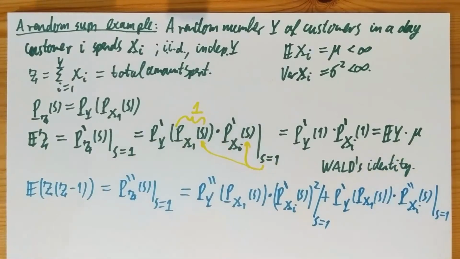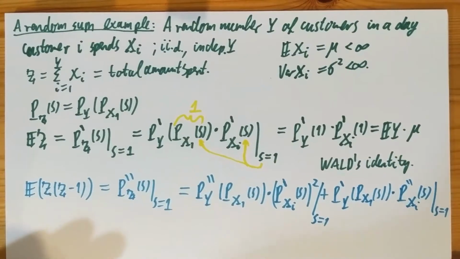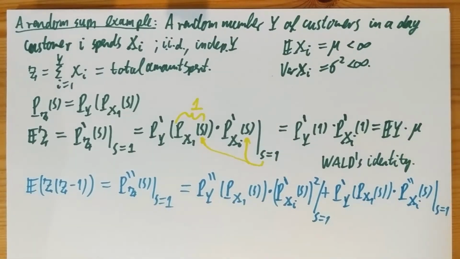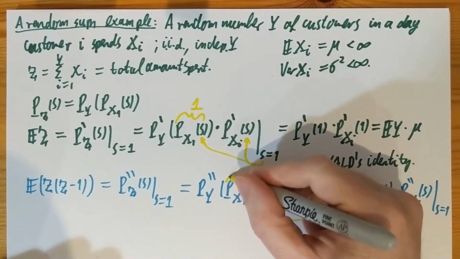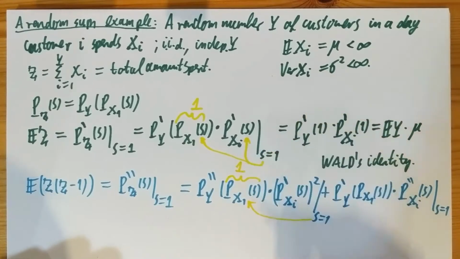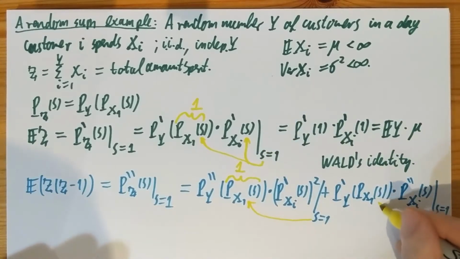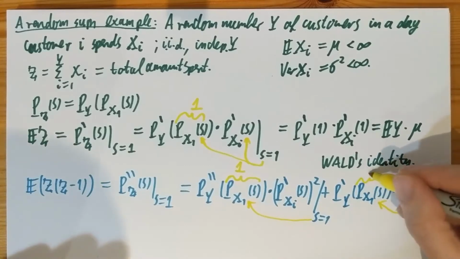Okay? Now, as before, I am going to have s equals 1 plugged in here. S equals 1 inside the generating function gives me 1 again. S equals 1 plugged in there gives me 1 again.